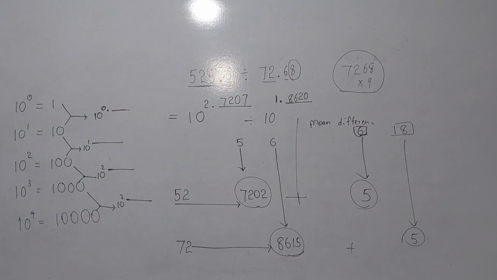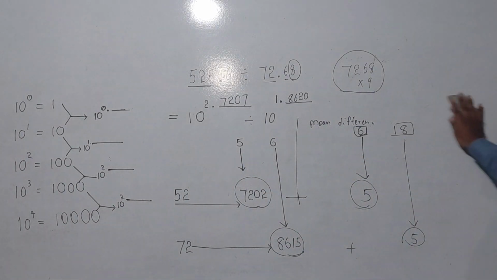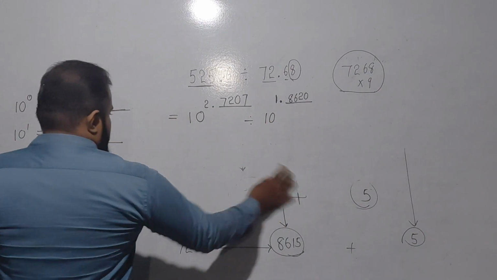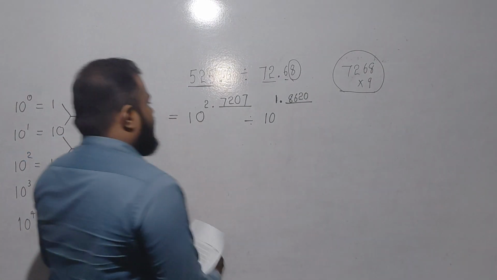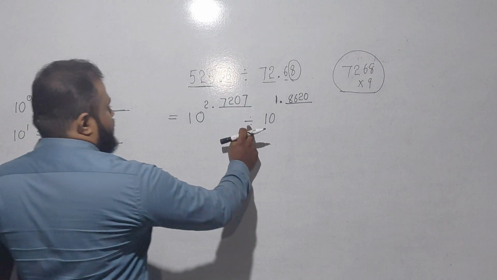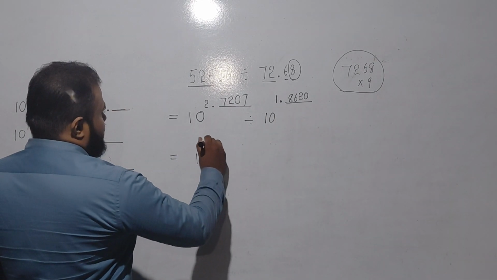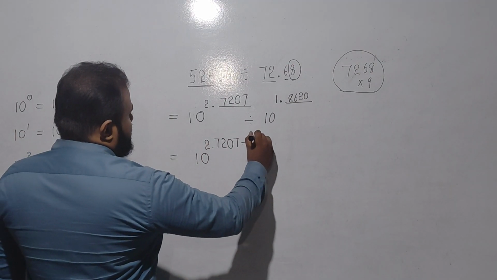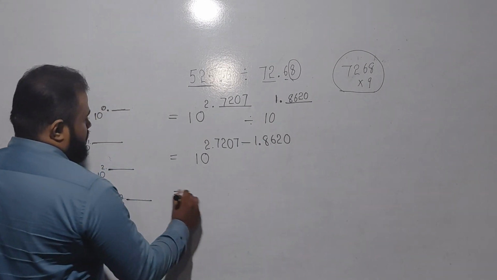Okay. Now we found the log values. Now we have to go into the indices rules. According to indices rules, what happens? For division, we use subtraction. So we are writing it as 10 to the power 2.7207 minus 1.8620. Okay.